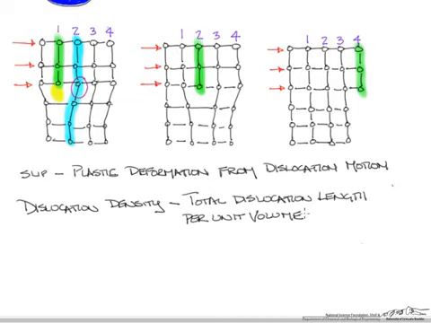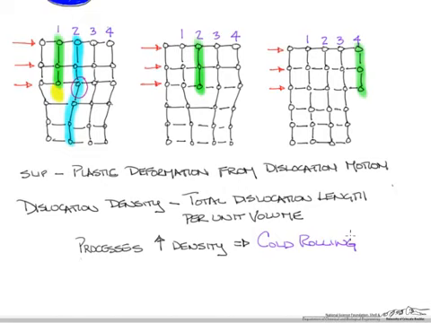Different types of processing that we do will increase our dislocation density. For instance, processes that can increase your dislocation density include cold rolling. Another process that may increase your dislocation density is cold forging.